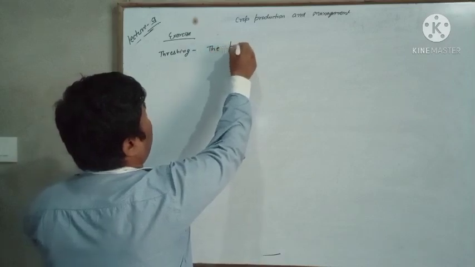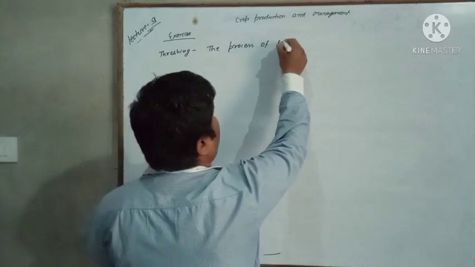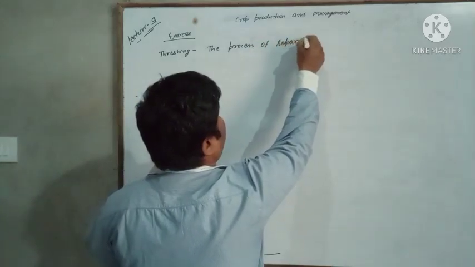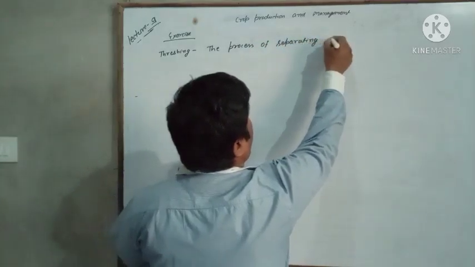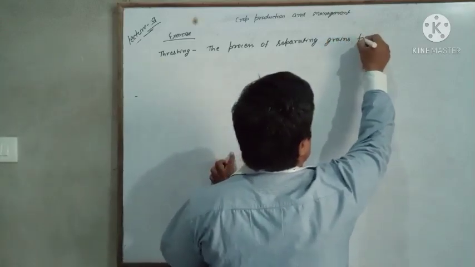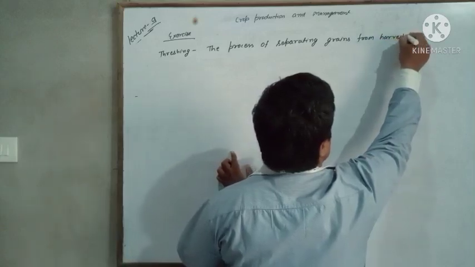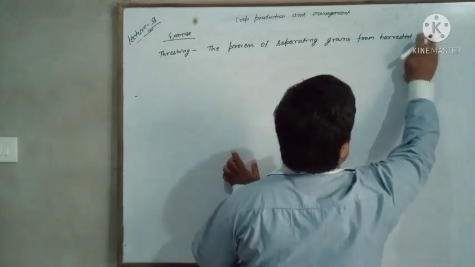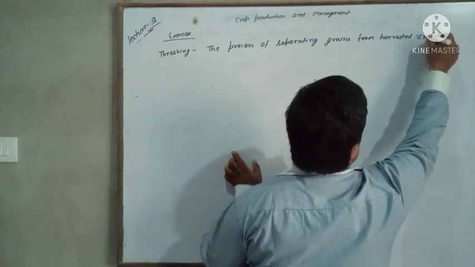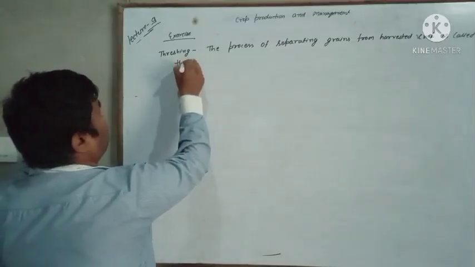The process of separating grains from the harvested crop is called threshing.